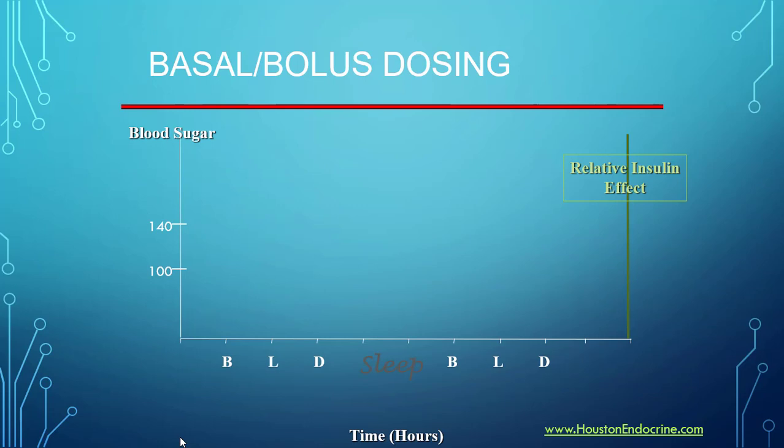If we look at this diagram, which is showing on the left-hand y-axis, generally what the blood sugars may be. On the right-hand y-axis, when we review the insulin, you'll see the effective insulin. And then at the bottom, you see BLD, which is reflecting breakfast, lunch, dinner, when you go to bed, and then you start over again the next day.